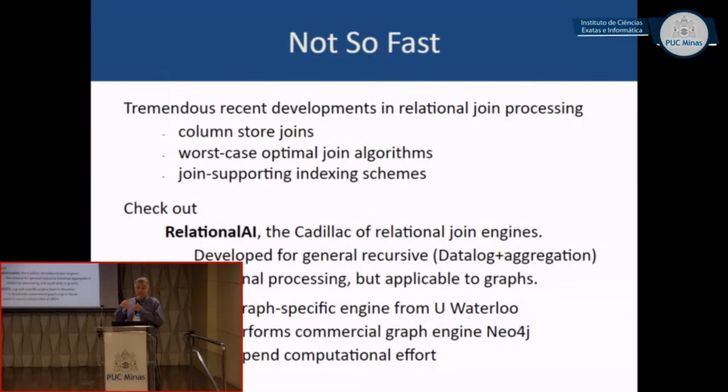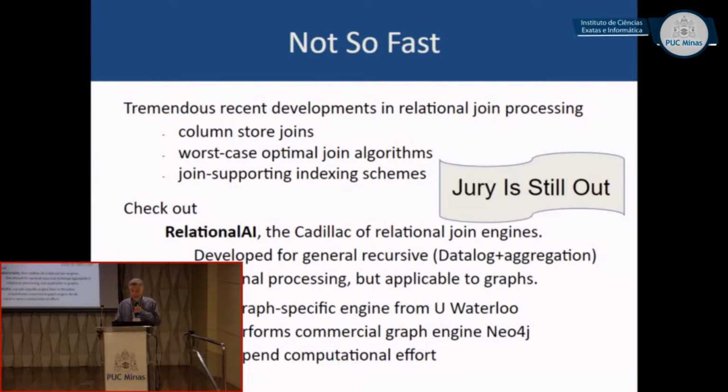Still, one might say, even if they do it in the best and smartest way possible, they still have to spend computation effort at runtime as opposed to just reading the edge. So which school of thought will win here is really not clear. The jury is still out, but if the relational approach will make an impact, keep an eye out for Relational AI.